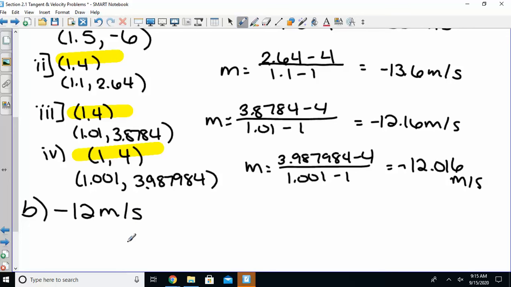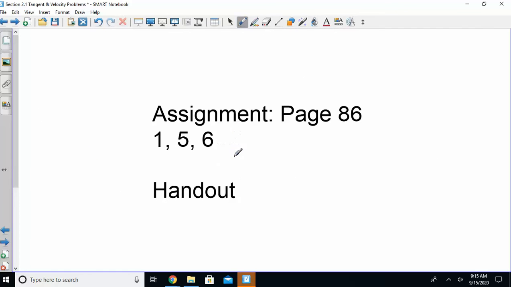So that is the end of this section. Yesterday, I gave book problems and I gave a handout. I said at the beginning on the handout, I'm going to take off the last 2 questions. I just want you to do 1 through 6 on that handout, so you don't have to do the last 2. We're going to have the rest of class to work on this.